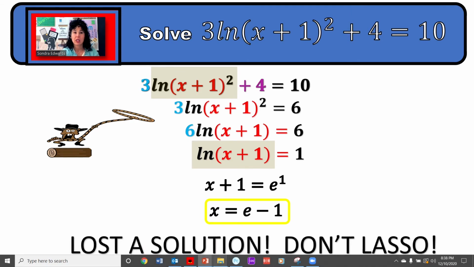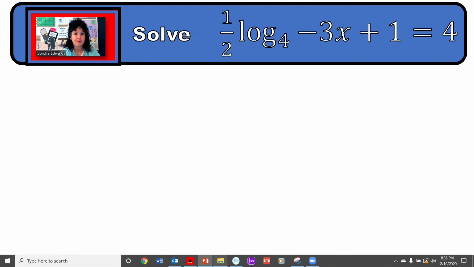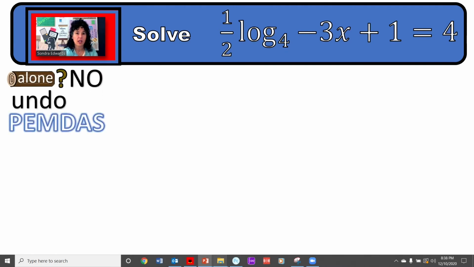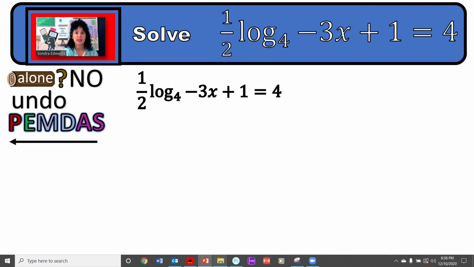So let's take a look at one more. Here we have our equation, and I selected this one because when we go to see if the log is alone and we begin to undo the order of operations, something that happens really frequently with logarithms, mathematicians are notorious for being very lazy writers.